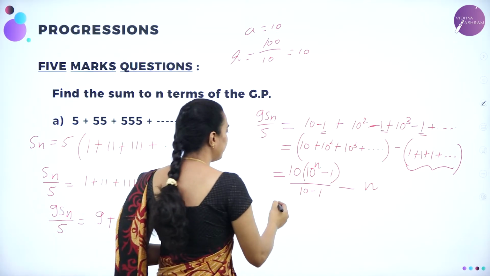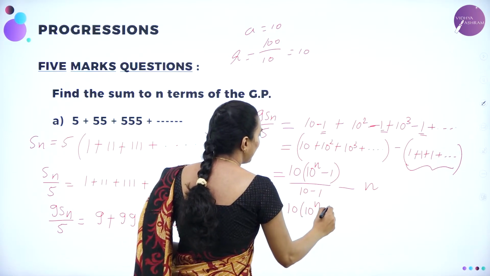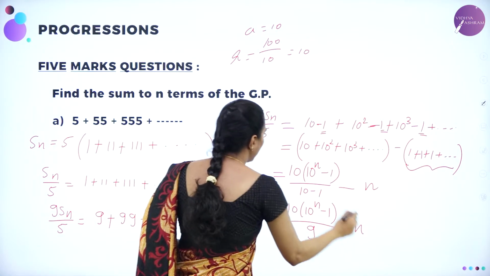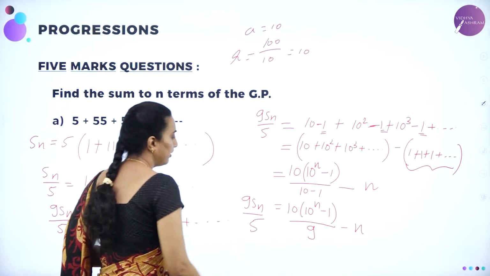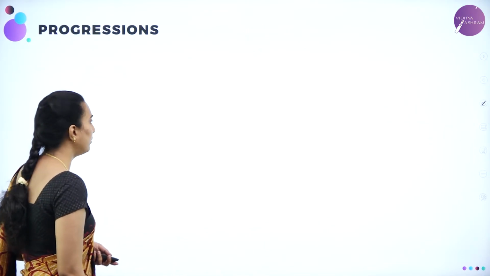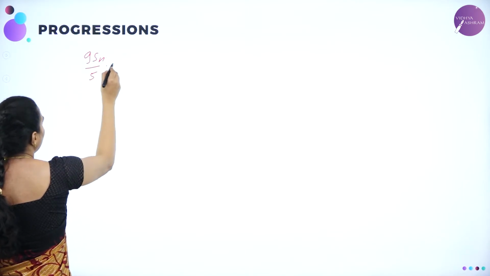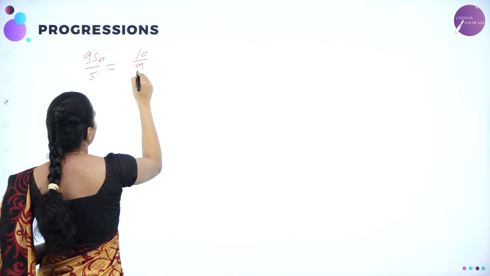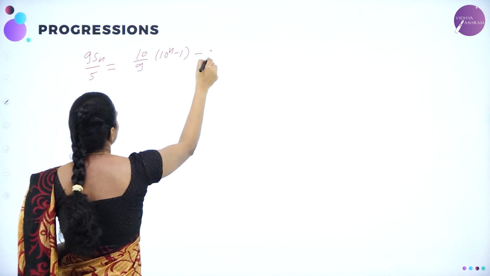Therefore, simplifying further, 10 into 10 to the power of n minus 1 divided by 10 minus 1 is 9, minus n. Here, 9Sn divided by 5. Further simplification gives 9Sn divided by 5, which implies 10 by 9 into 10 to the power of n minus 1, minus n.